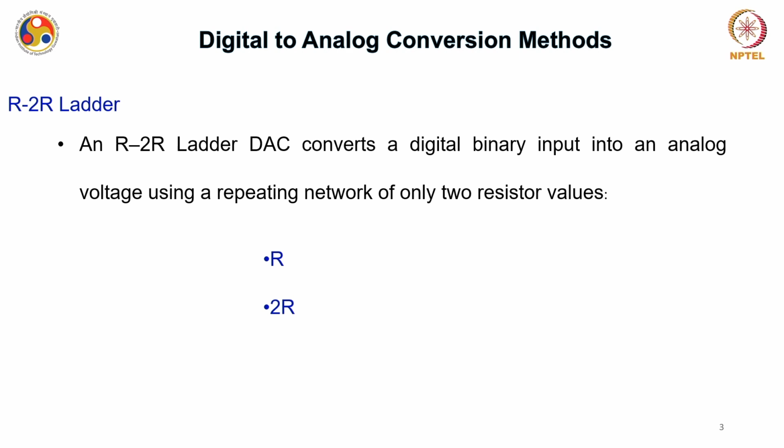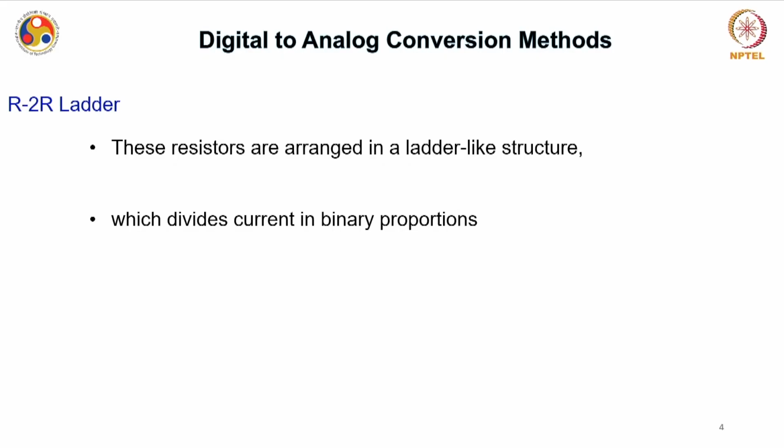If you are using R as 1 kilo ohm, you require another resistor of 2 kilo ohm. So just by using these two resistors, you can design a DAC. The matching of resistors and the requirement of n number of resistors is now minimized. Now you need just two distinct kinds of resistors.